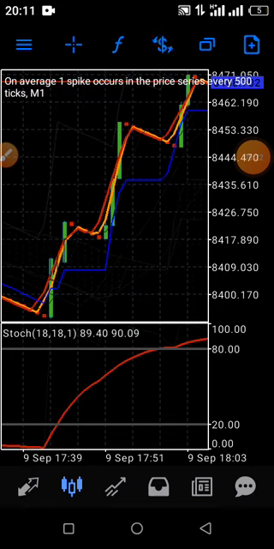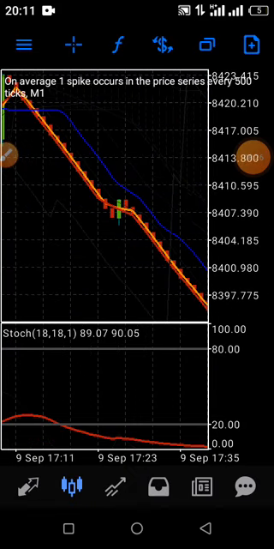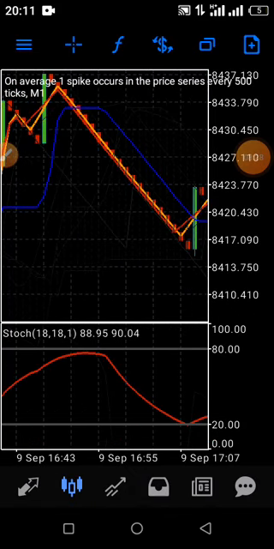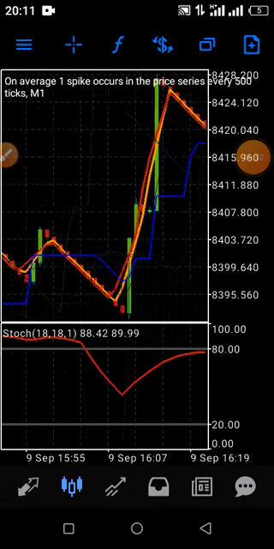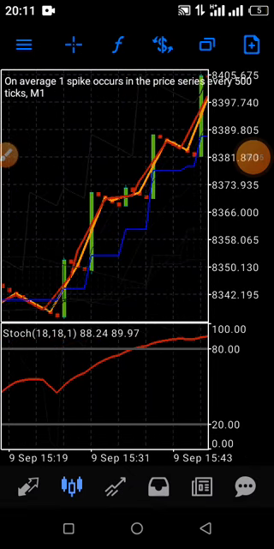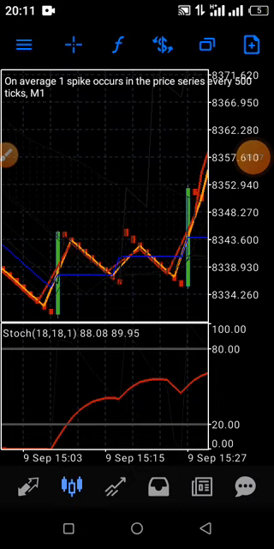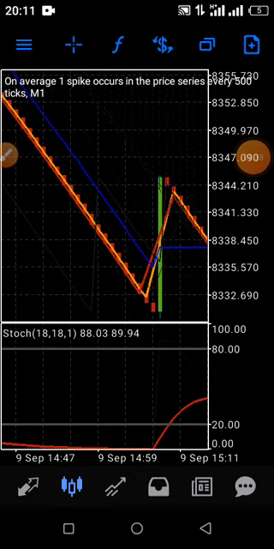So Boom, I need Boom. So what is the entry condition for you? This is Boom and you want to sell, right? So you need a long trend.